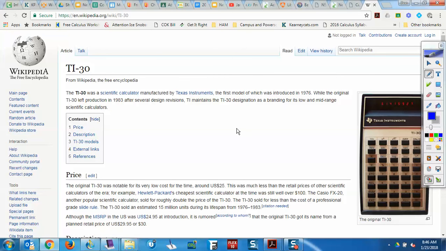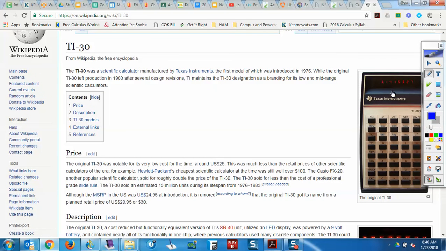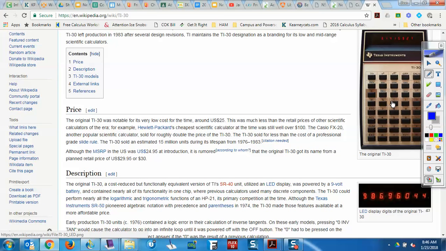Yeah, that would be something like it with the old LED, the red readouts. They came in a carrying case, kind of a denim zip-up carrying case. Yeah, that's pretty typical.